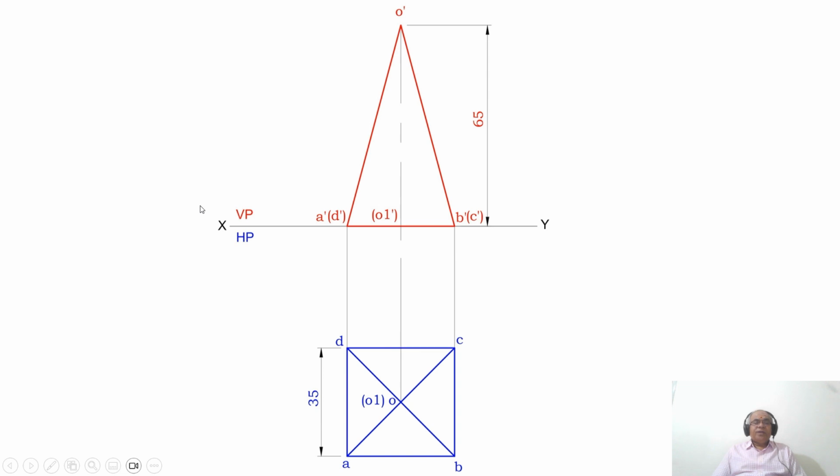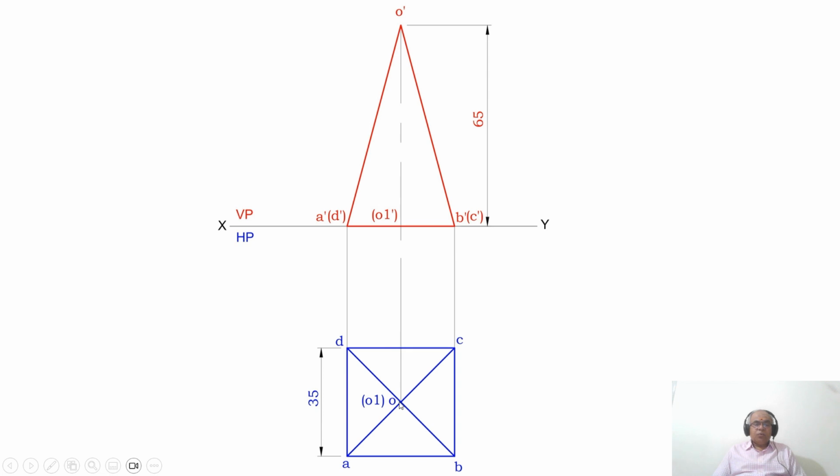So let us see how we can draw this using a manual sketchbook. First, we draw the XY line and mark VP and HP. In the top view, we measure 35 mm and draw a square of 35 mm, and mark the points as A, B, C, D, and then join the diagonals. These two diagonals intersect at this point.